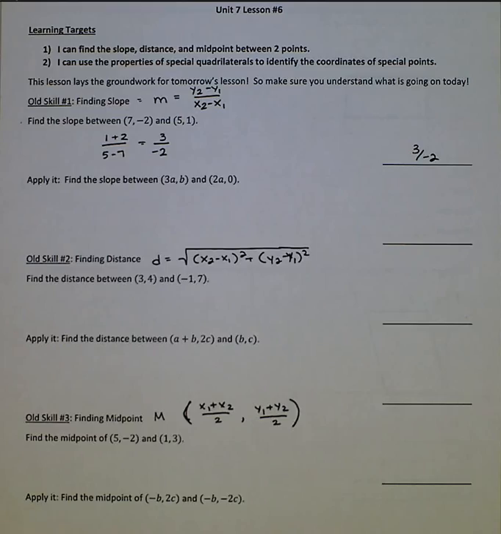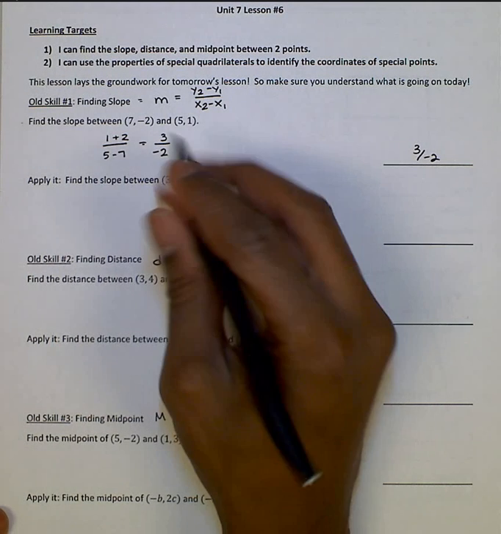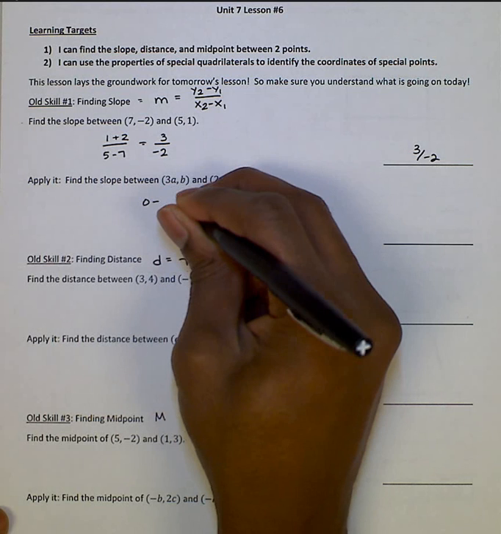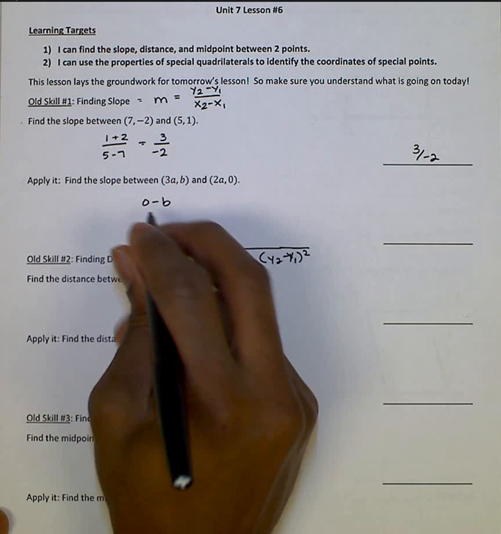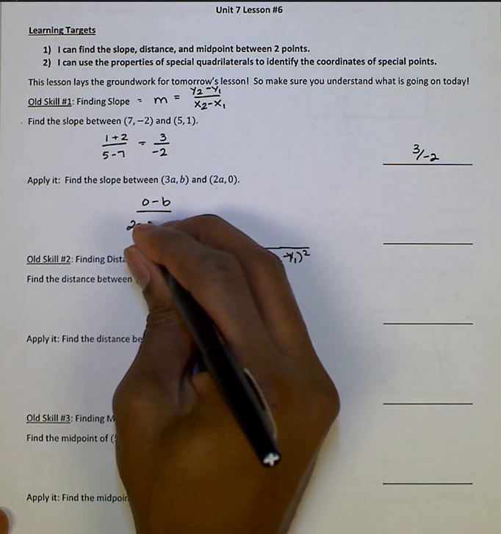In the next problem, we'll look at it in more of a general sense. So we have (3a, b) as a point and (2a, 0) as a point. Just because these aren't nice numbers doesn't mean that this problem has to be any more difficult. Same process: y2, which is 0, minus y1, which is b, over x2, which is 2a, minus x1, which is 3a.